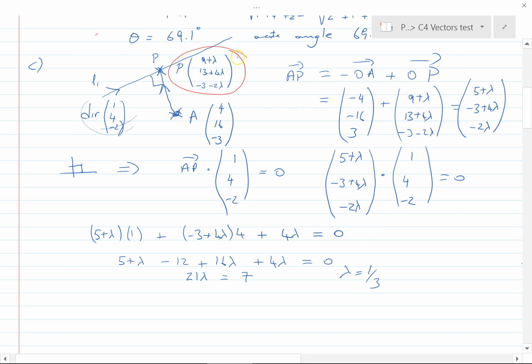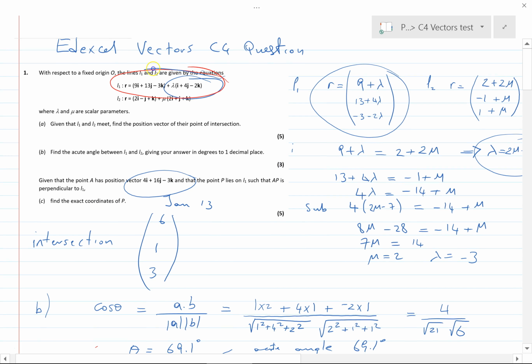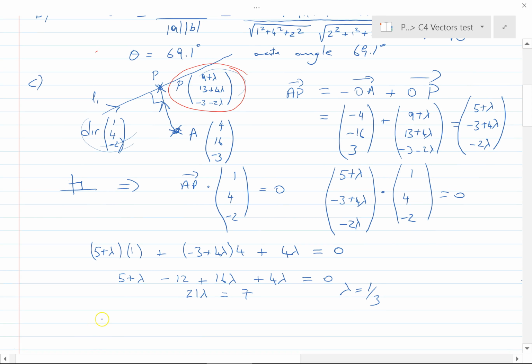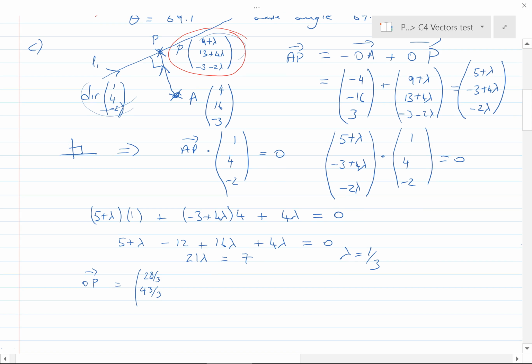So now all I have to do is put a third back into my general equation for the line L1, into this bit basically, which is of course the same as this bit, just written a bit more conveniently. So if I put lambda equals 1/3 in here, I get OP equals 28 over 3, 43 over 3, and minus 3 minus 2 times 1/3, which is going to be minus 11 over 3.